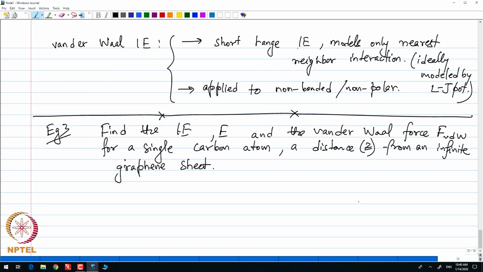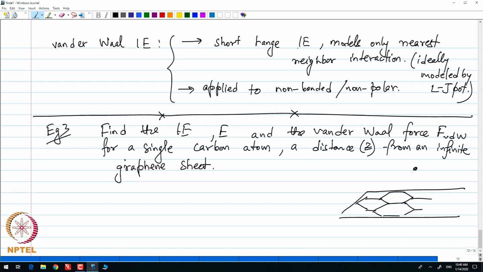Okay. So, what we have is the following. We have a graphene sheet where the sheet contains these tessellated hexagonal rings, right, and so on and so forth.